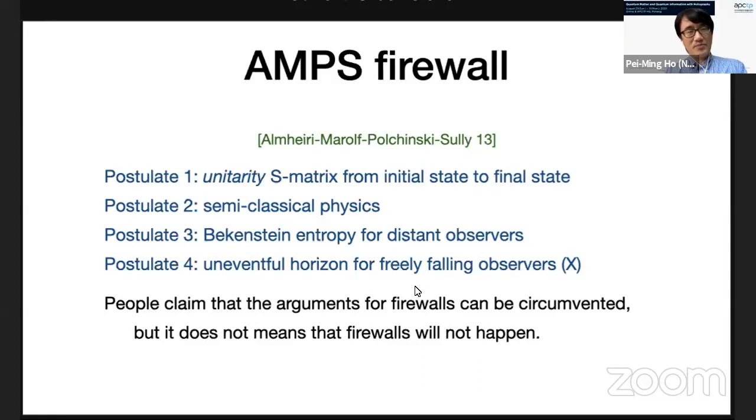Now, there are many papers in which they claim that the arguments of the firewall proposal can be circumvented to preserve information, but this does not imply that firewall will not happen. So our attitude below would be slightly different.